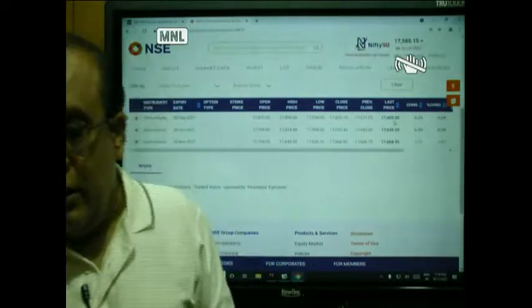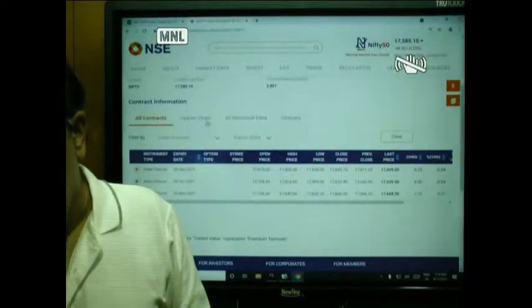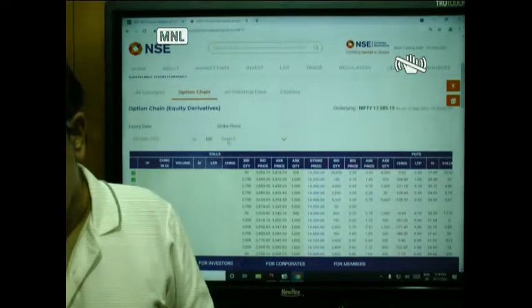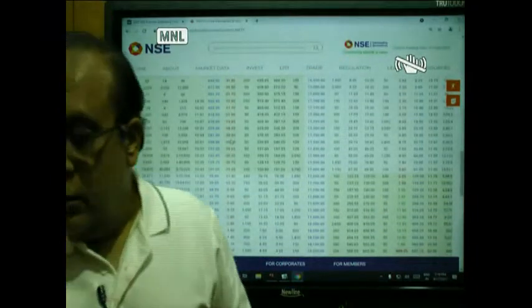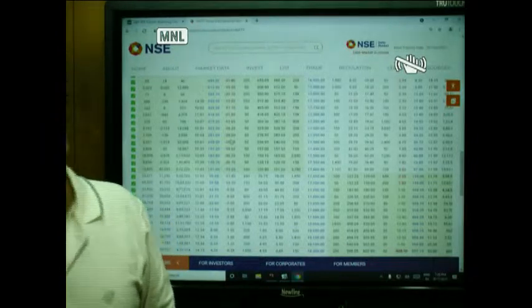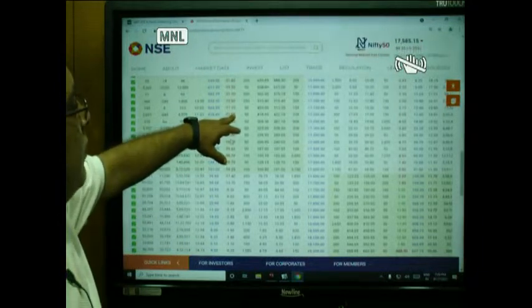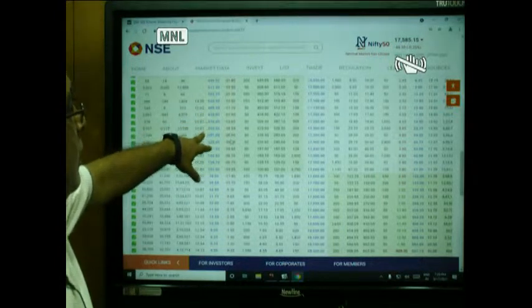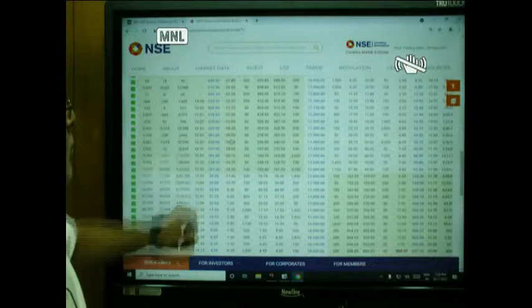Now here we look at the option chain. If we go for 17,100, then we pay 520, which is 17,620, and here 17,300 is also 17,625.